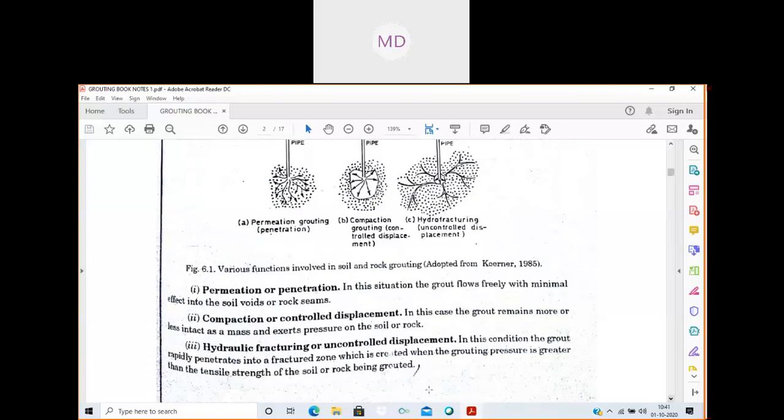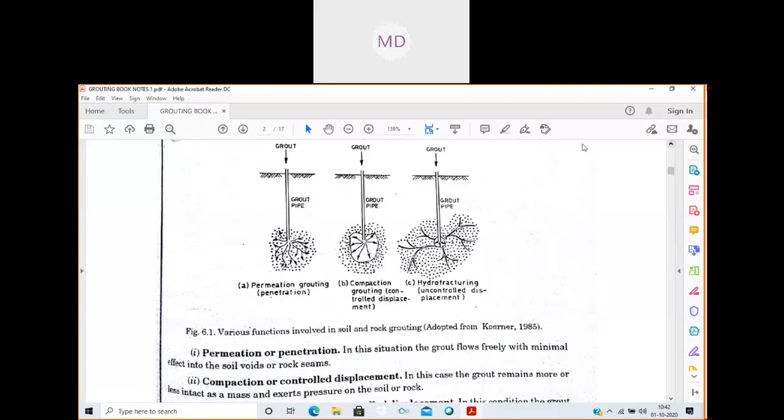Next is number 2, compaction or controlled displacement, which is figure B. In this case, the grout remains more or less intact as a mass and exerts pressure on the soil or rock. In figure B the grout material is different, and it serves the function of compaction grouting.